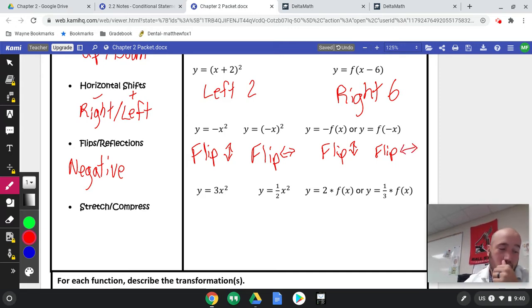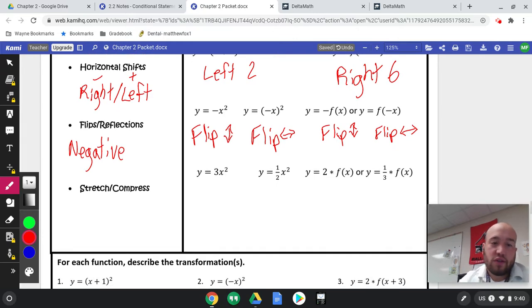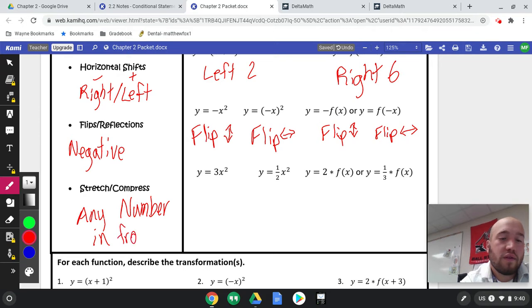Okay, so now this one, stretch or compress. If there is any number in front, besides that negative sign, because I know that's technically a negative 1, but any number in front, it either stretches or compresses it. So this first one, if there's a 3 there, that means it's going to be 3 times as tall.